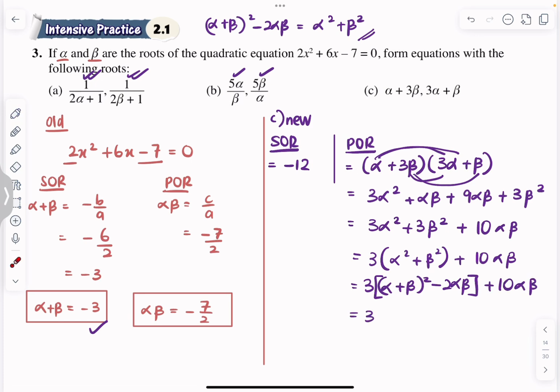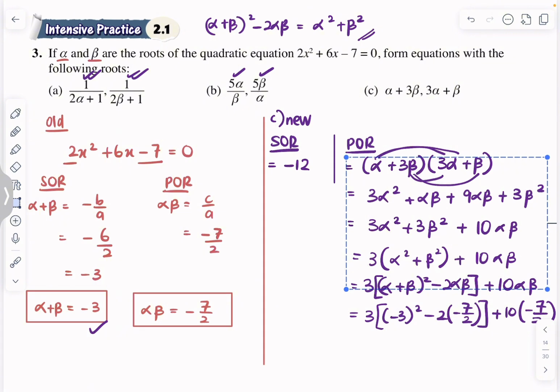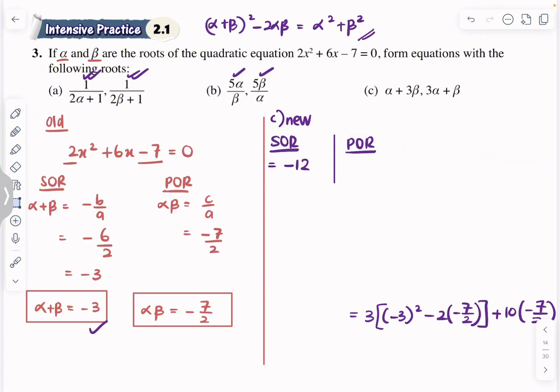Then now we can substitute. Alpha plus beta is this, alpha beta will be this. So negative 3 square minus 2 times negative 7 over 2, plus 10 times negative 7 over 2. Let's erase all this to make space.